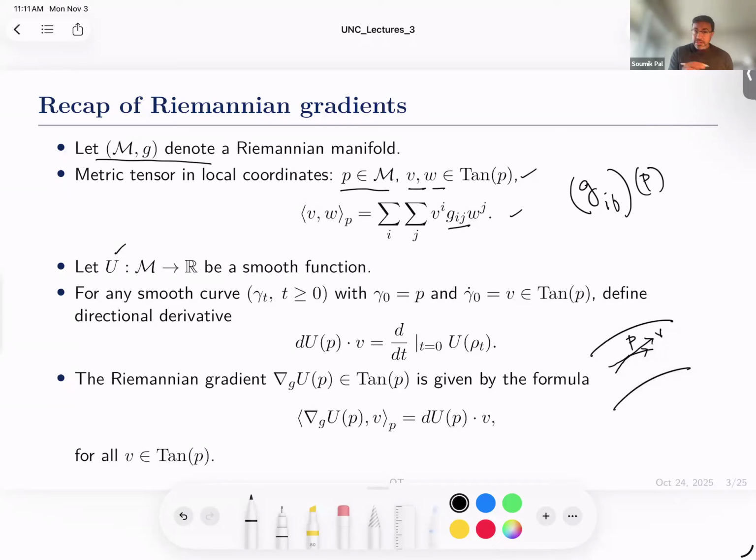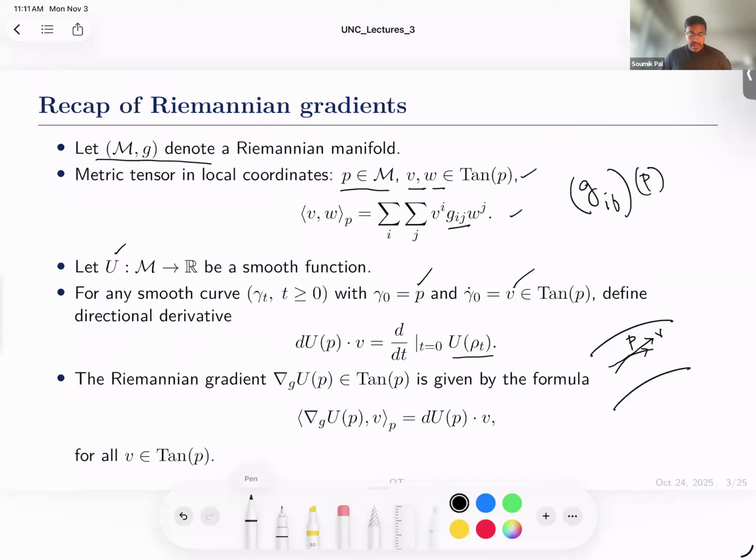I take any smooth curve such that at time zero, which is of course arbitrary, it could be one or half, it doesn't really matter, the curve is at P, and at that same time its velocity is V, where V is some vector in the tangent space. Now I can define the directional derivative by looking at how this function changes as a function of t. So u of rho t is a function of a real number.